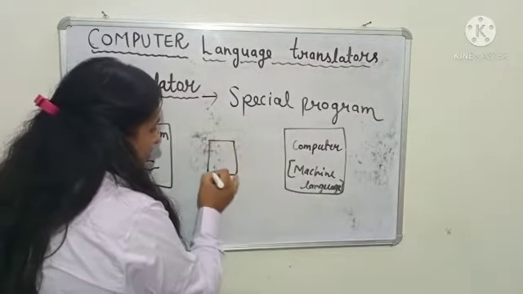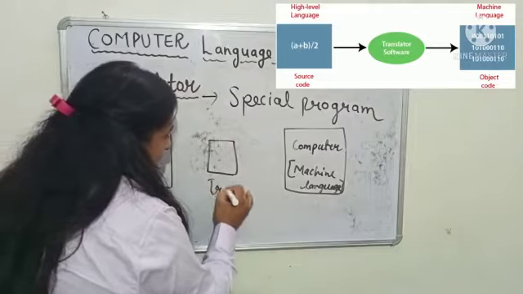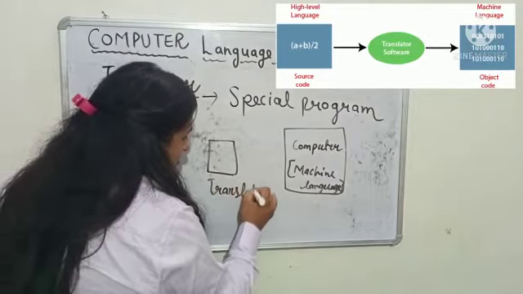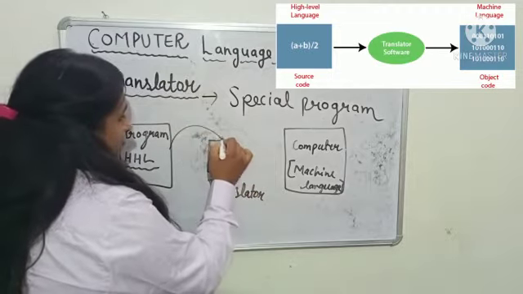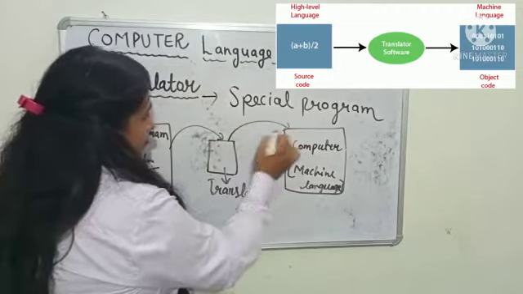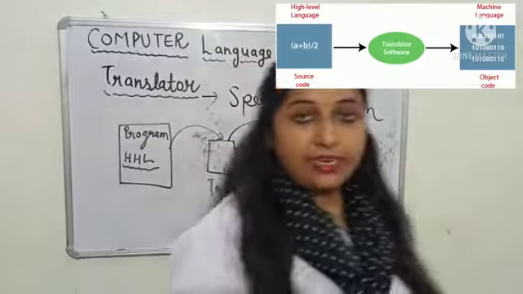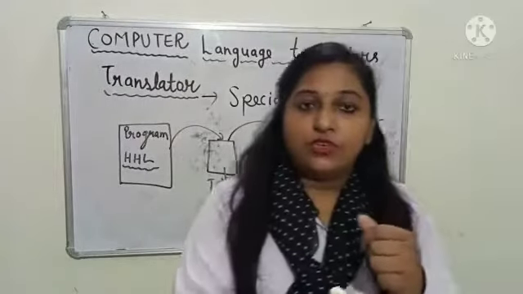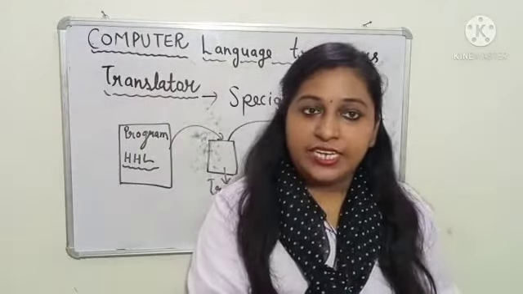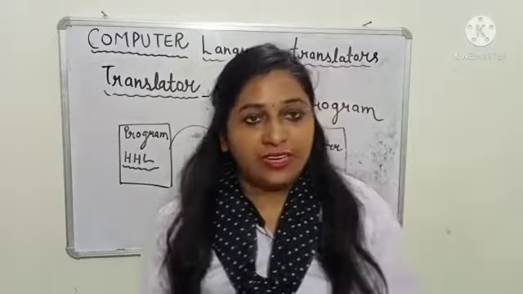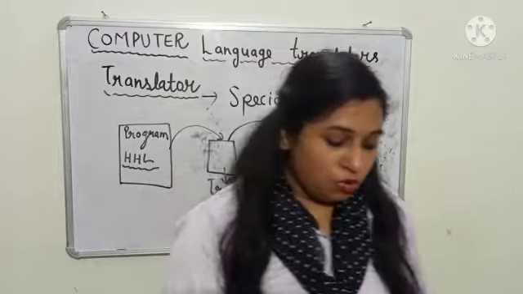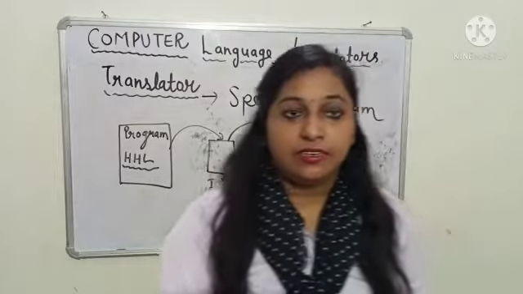The translator converts high level language to machine code, right? And then we will get our result, then we will get our output. So this is the work of a translator.